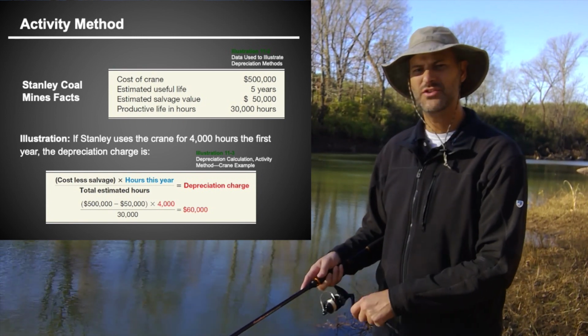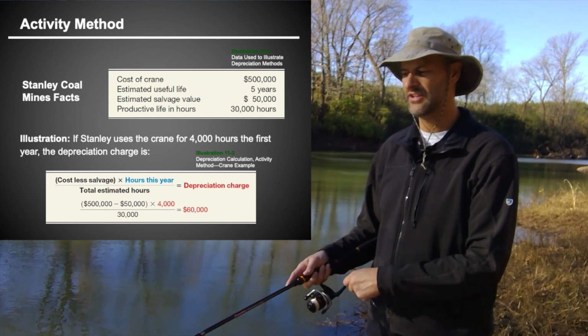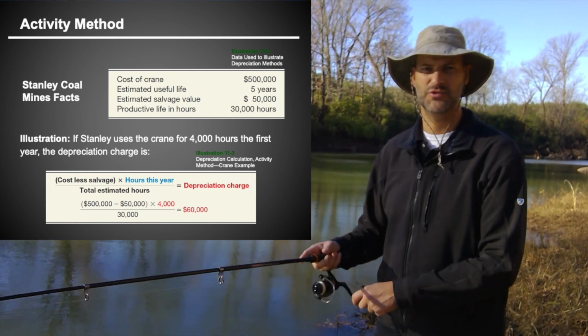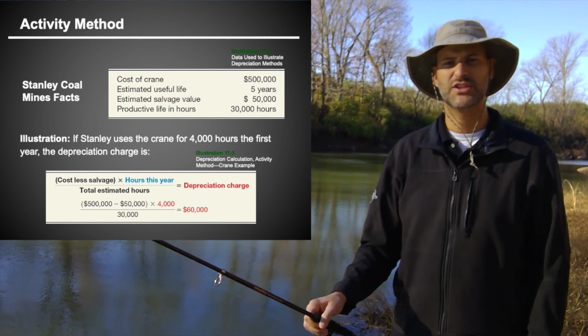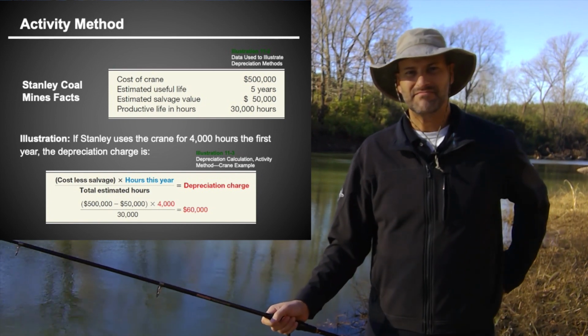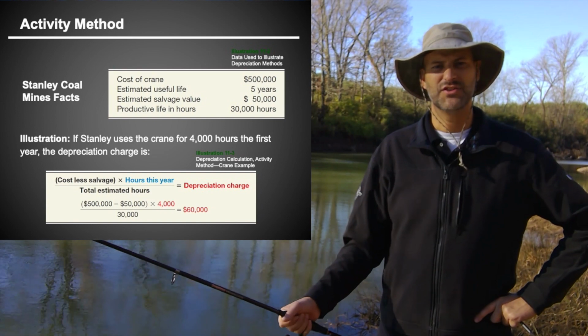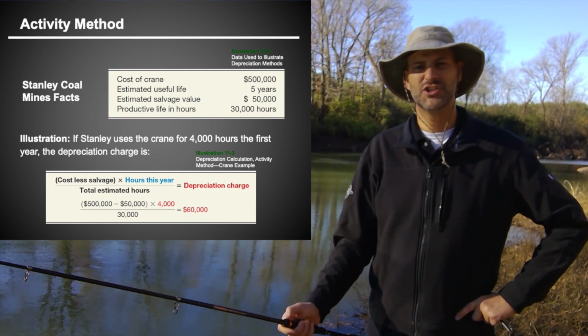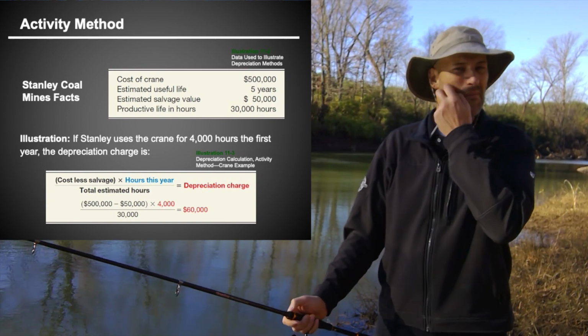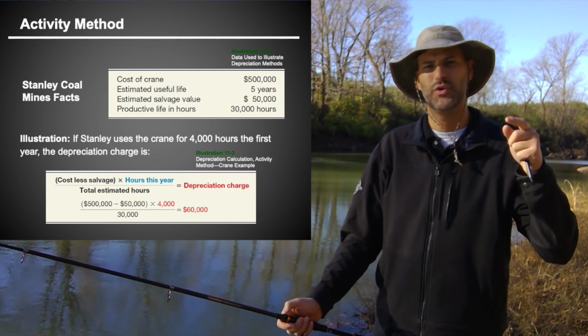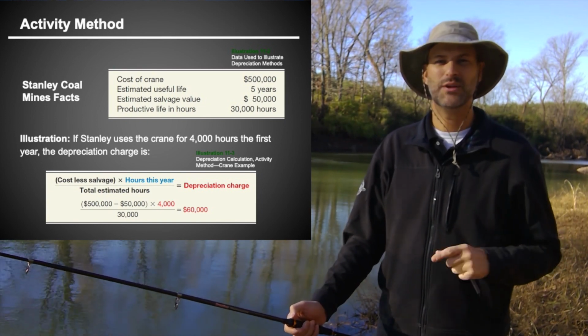So if they use the crane for 4,000 hours in the first year, what is our charge? Well, the total life of this crane is 30,000 hours. The cost of the crane is $500,000. So to figure out our depreciation charge, we're going to figure out how much of the total productive hours we used this year.